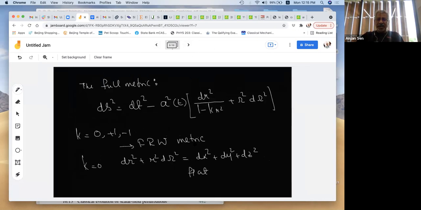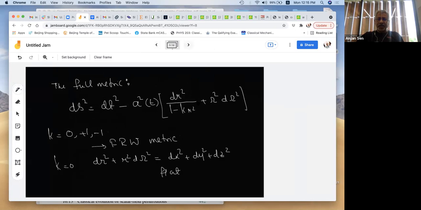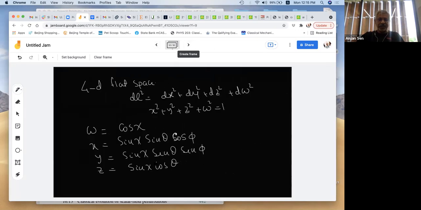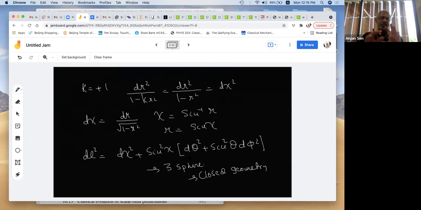But here, with this kind of metric, this r is sort of periodic, kind of angular. Okay, so this space actually represents points on a 3-sphere, right? Points on a 3-sphere.